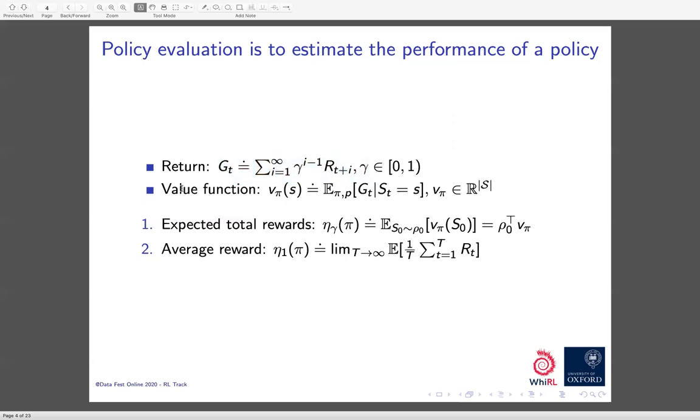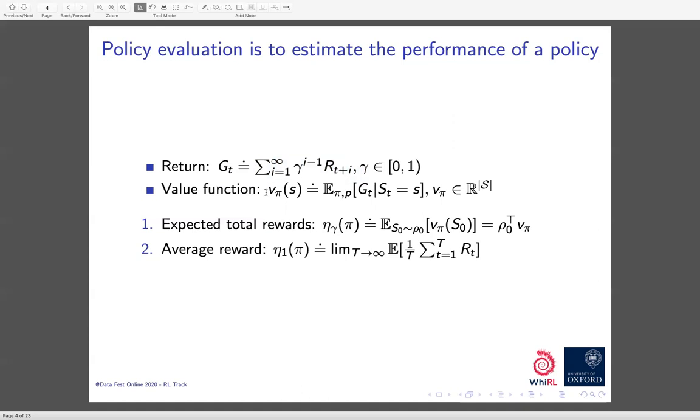With the help of this random variable gt, we can define the value function, which is the expectation of the return. So the value function vpi at state s describes the expected total rewards that an agent can get, starting from the state s and following the policy pi.